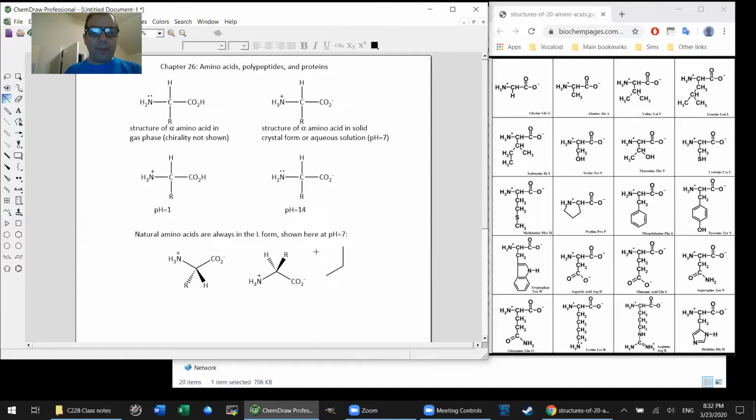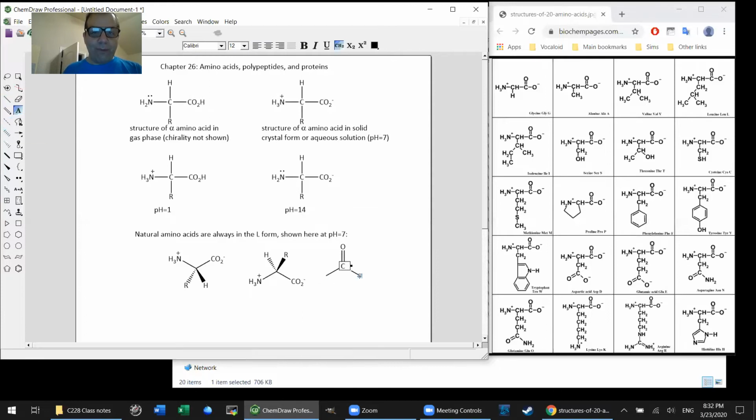And so if I'm clever, I'll be able to do this with colors. So we'll put our carbonyl over here. And then the chain will continue over in this direction.